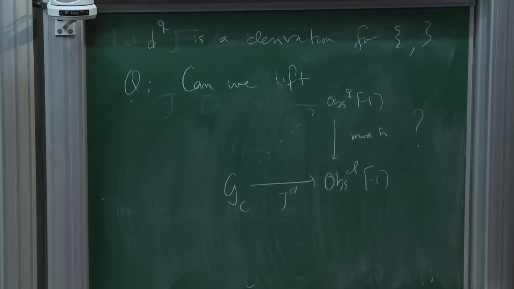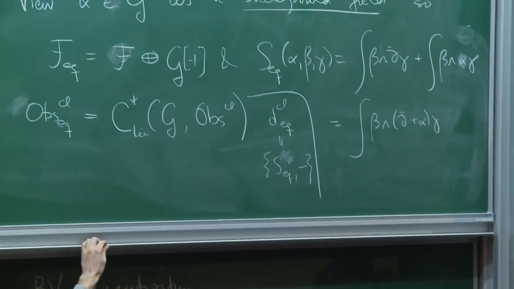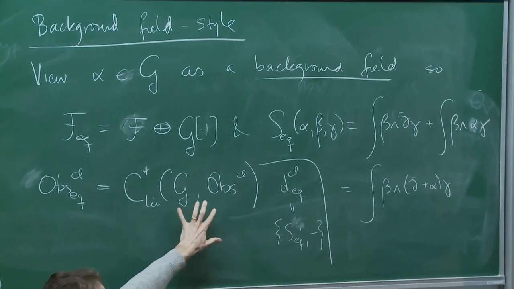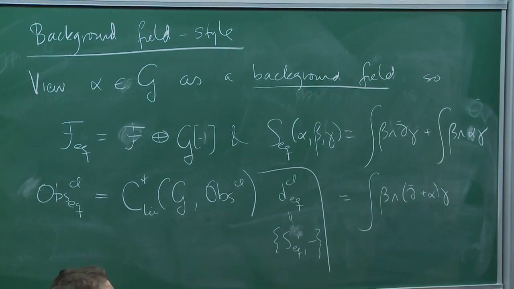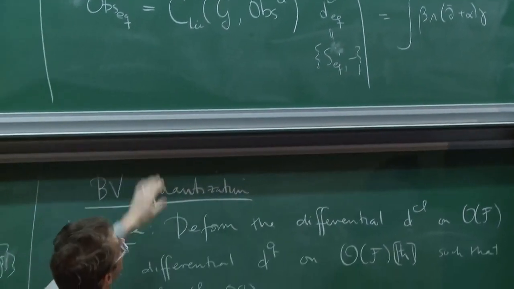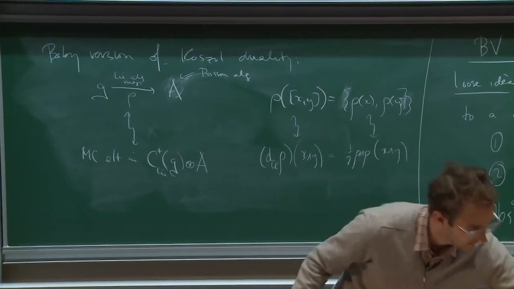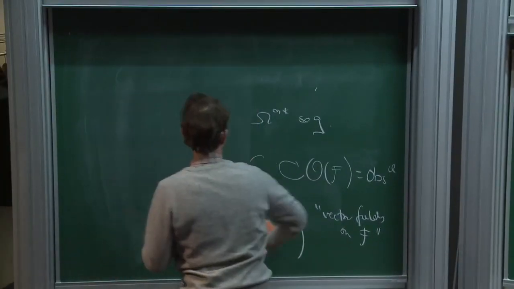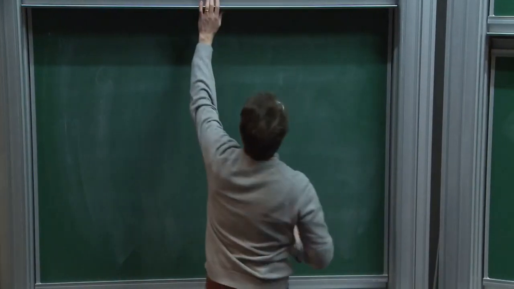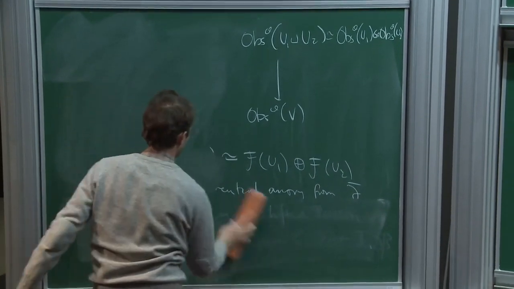The most tractable way to approach this problem is by this background field method, because it expresses the whole problem as what looks like a BV field theory, and then we can try to use perturbative methods to actually quantize. In some ways it's the least attractive one for thinking, but it's the most convenient one for actually doing constructions. So now I'm just going to sketch what happens very briefly.